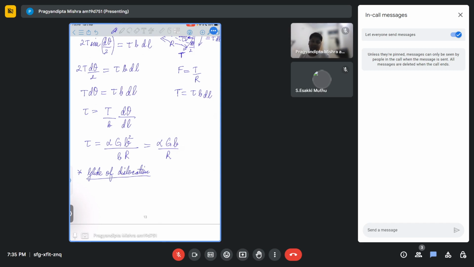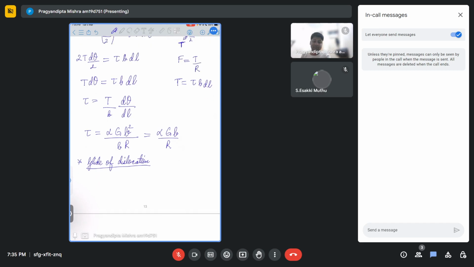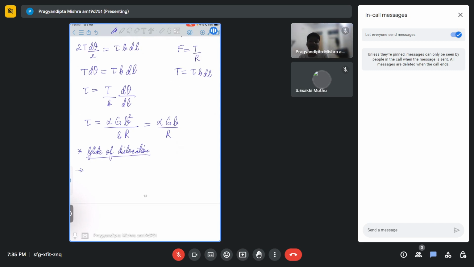There are certain rules associated with glide of dislocation. This is something which we have to remember. There are certain rules that we have to keep in mind. First thing is, dislocations of opposite signs will always glide in the opposite direction.